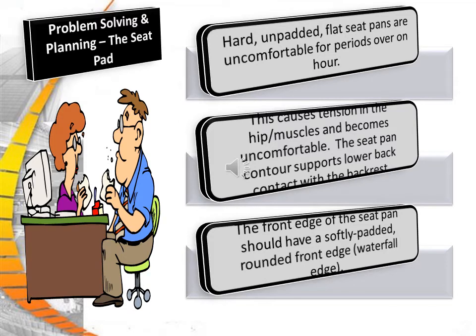Hard, unpadded, flat seat pans are uncomfortable for periods of an hour. This causes tension in the hip and muscles and becomes uncomfortable. The seat pan contour supports the lower back contact with the backrest. The front edge of the seat pan should have a softly padded, rounded front edge with a waterfall edge.